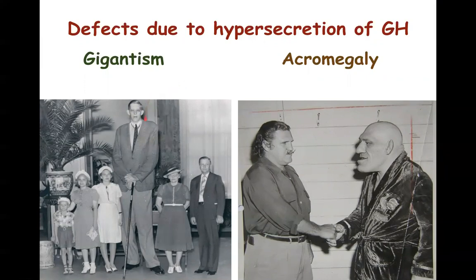But if the secretion continues, then a person will become a pituitary giant. And if the secretion of growth hormone starts in an adult, the adult will display the condition called acromegaly. So we will see both of these separately now.